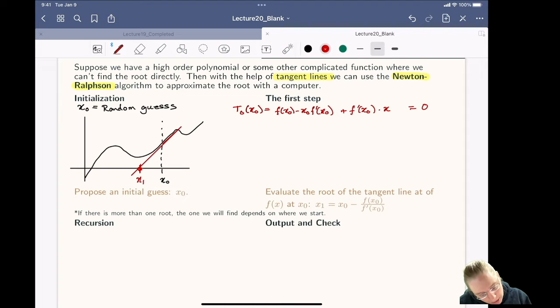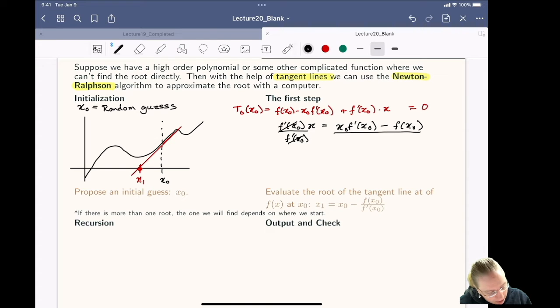All right, moving this over to the other side of the equation, we have that f prime of x0 times x is equal to x0 f prime of x0 minus f of x0. Now we're going to divide by f prime of x0. That goes away, that goes away.